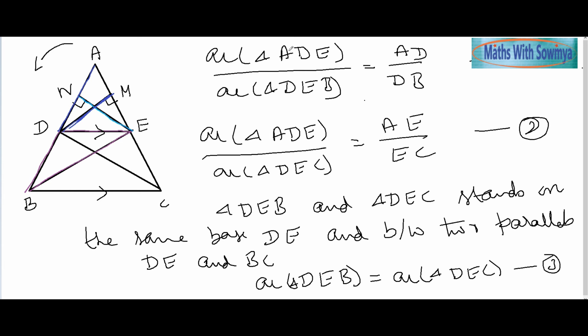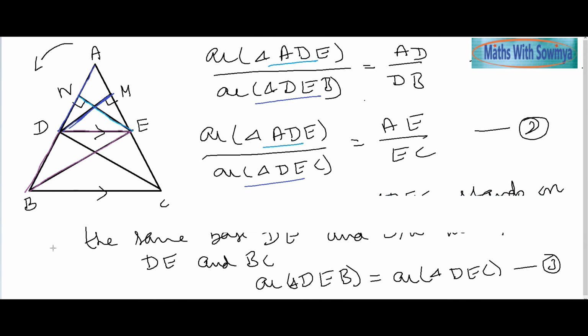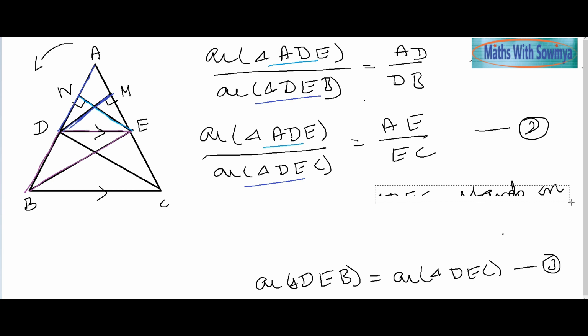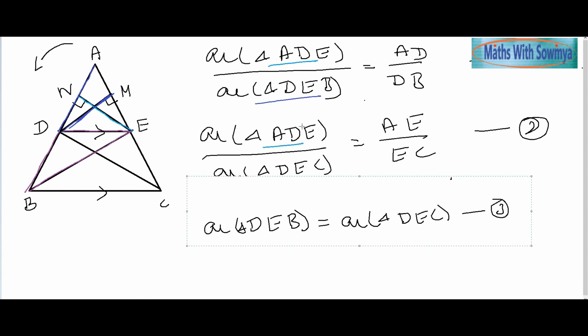Now the areas of ADE and ADE are the same. If the left hand sides are the same, I can easily equate the right hand sides. So taking 1, 2 and 3 together, I can easily show this.